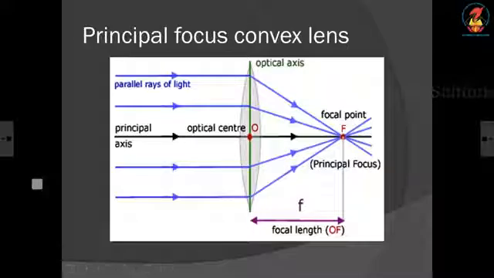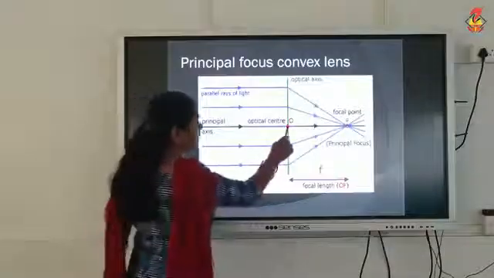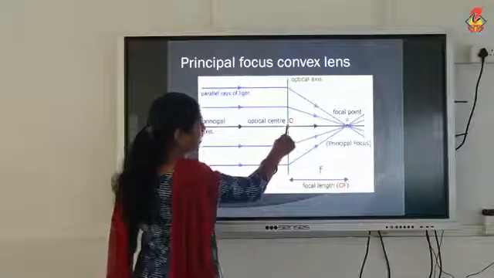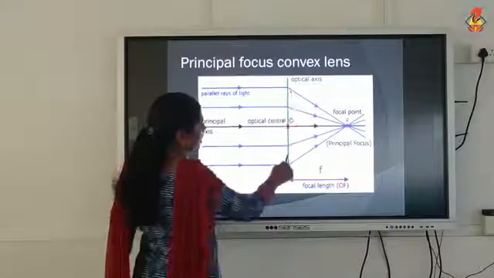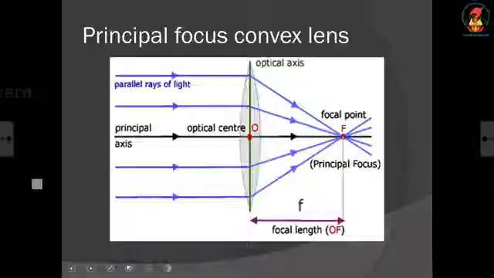First one about convex lens, principal focus of convex lens. Here convex lens is there. Optical center is represented by the letter O. A line passing through this optical center, that is the optical axis. Normally we will draw it with dotted lines.